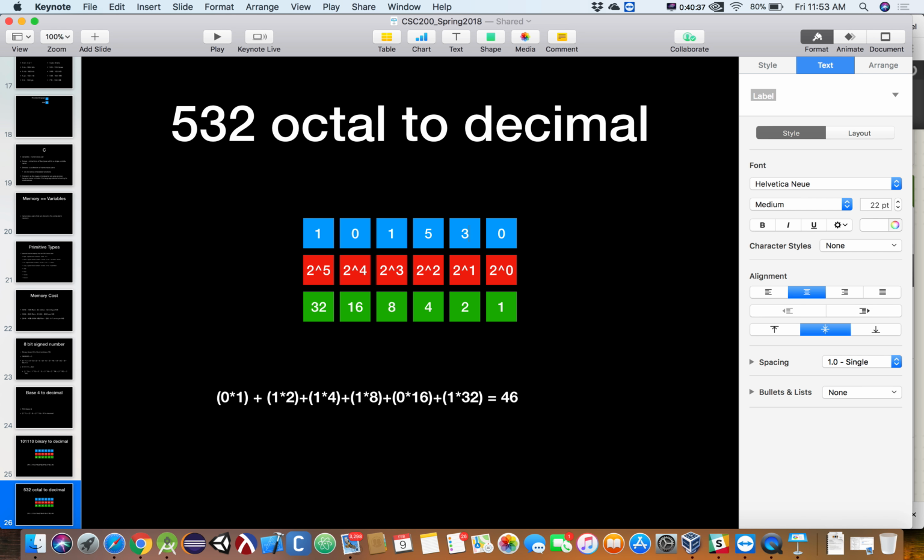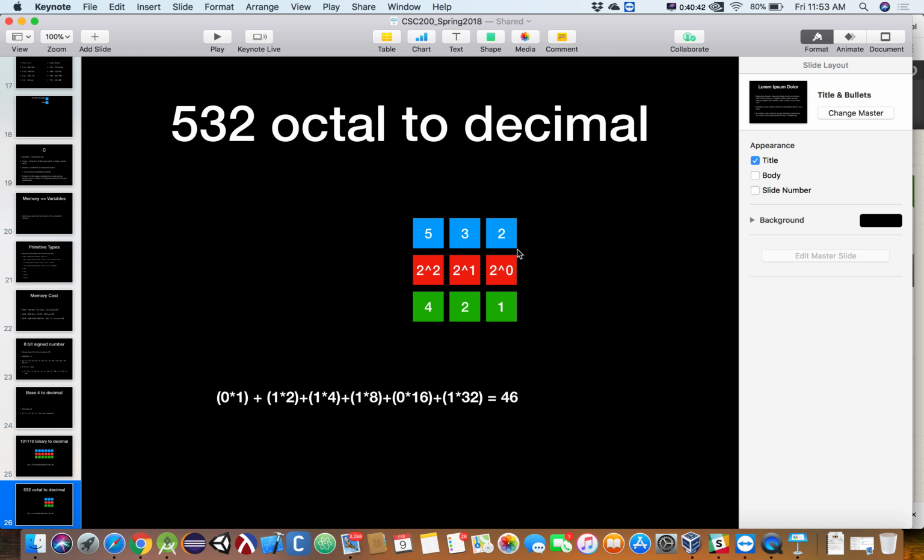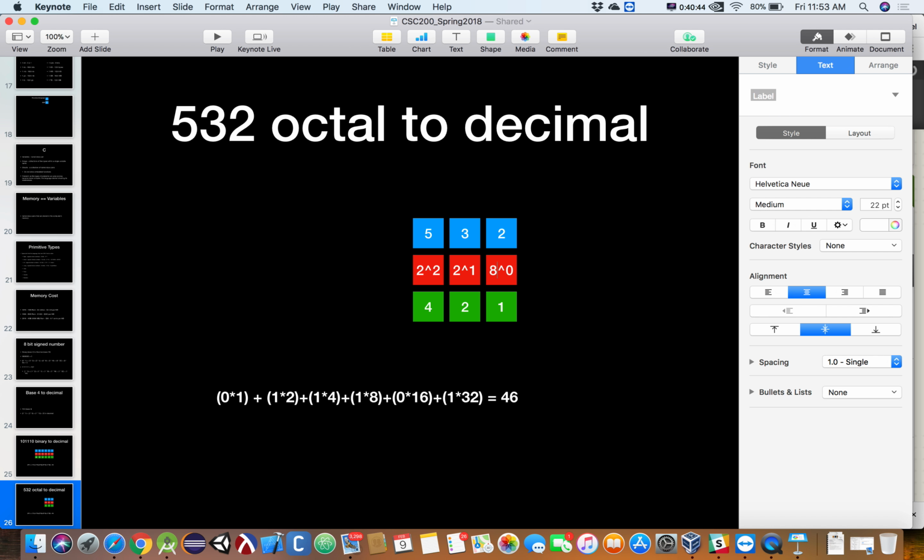So 5, 3, 2. This is 8 to the zeroth place. This is 8 to the ones place. This is 8 to the twos place. So this is the ones place, the eights place, the 64s place.